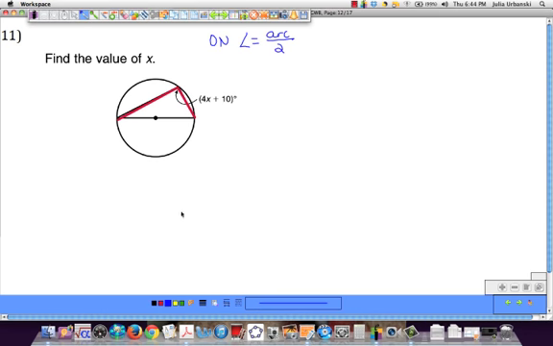The arc is right here. And that comes from a diameter, a half of a circle, so that arc is 180 degrees. But the angle equals half of the arc.